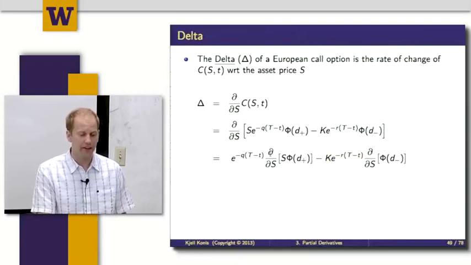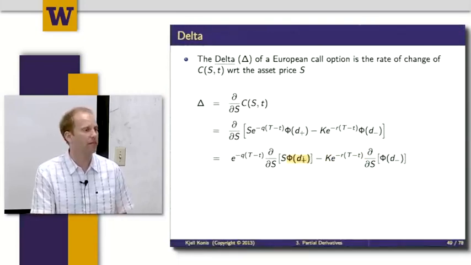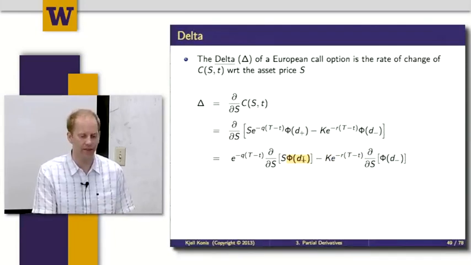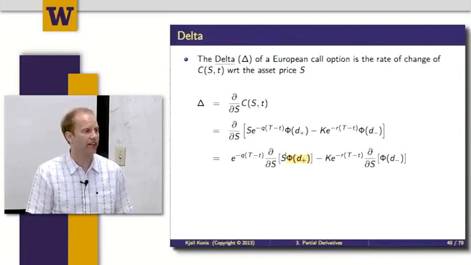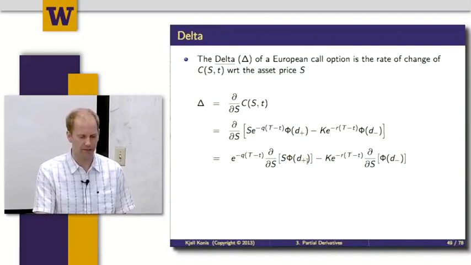The next step here is that both phi of d plus depends on all of the arguments of the Black-Scholes pricing formula, including S, and so does d minus. So I look at this and say that's the product of 2 functions of S: S, which is a very simple function of S, and capital phi of d plus. So I'll have to use the product rule on the first term.